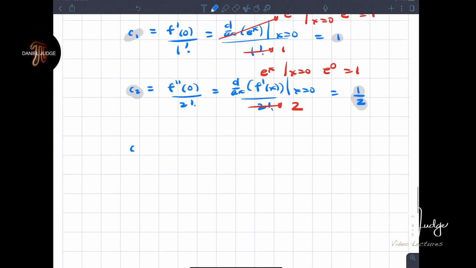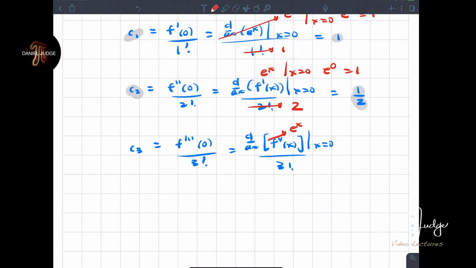Now similarly, c3, by definition, is the third derivative evaluated at 0 over now 3 factorial, which is the derivative of the second derivative of this function, evaluated at x is 0 over 3 factorial. And since the exponential function, if I keep differentiating that all day long, it's the same function, this is e to the 0, which is 1. And then 3 factorial is actually 6 because it's 3 times 2 times 1.